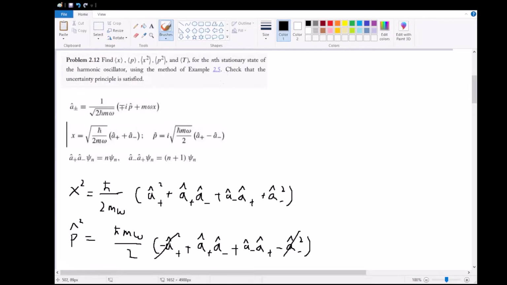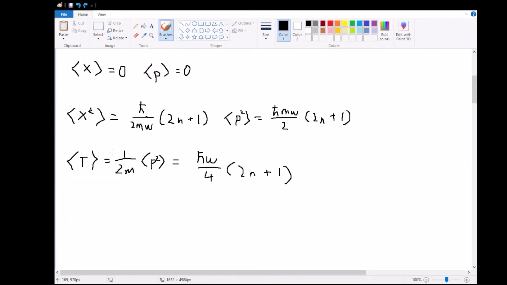Finally, we're asked to check that the uncertainty principle is satisfied. We already know how to do this from the previous problem. Hopefully at this point this is just a trivial exercise. The uncertainty in x is going to be equal to the square root of the expectation value of x squared, since the expectation value of x itself is just 0, so that term doesn't come into play.